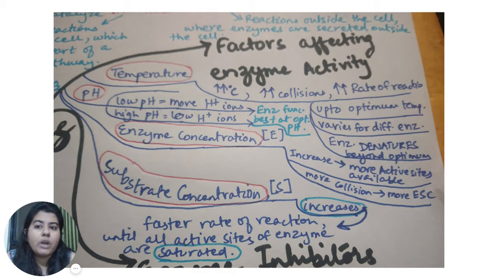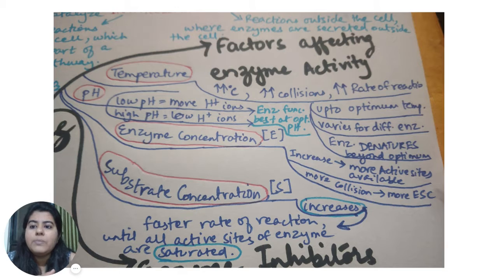We studied how temperature increases the kinetic energy of the enzyme and the substrate so that they collide even more frequently, and successful collision means more enzyme substrate complex formation and rate of reaction increases. But every enzyme has a specific temperature at which it catalyzes the most, that is the optimum temperature. Beyond that temperature, the enzyme begins to denature.